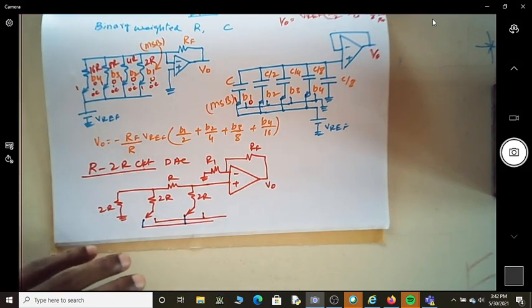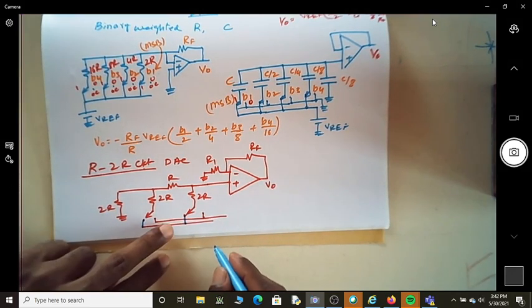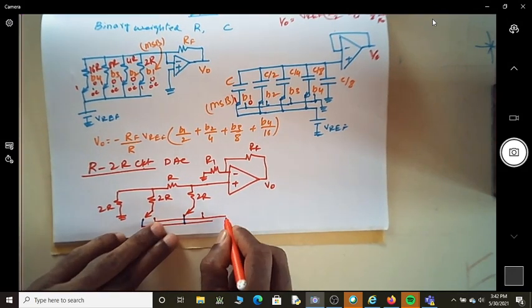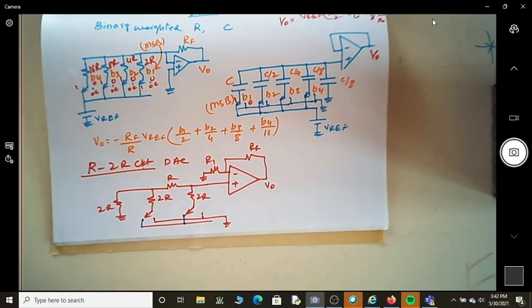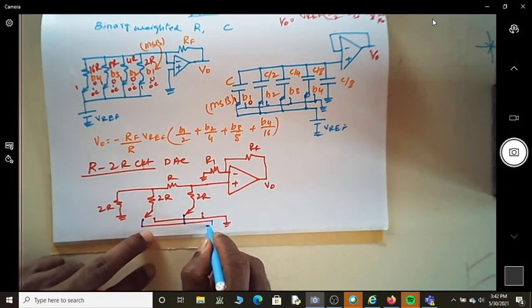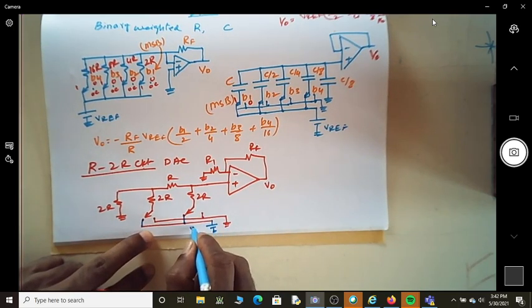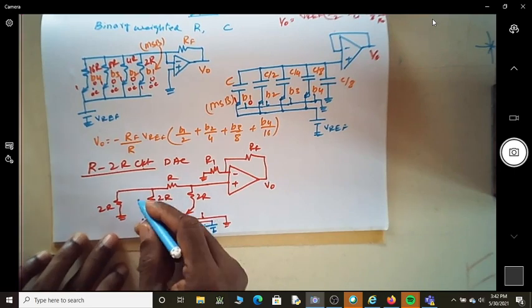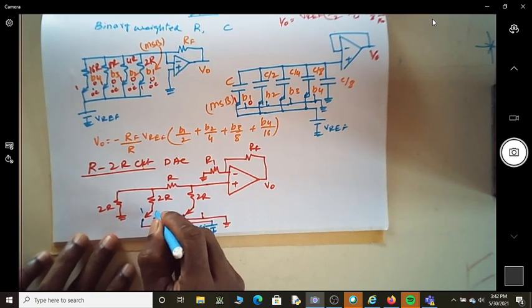Let me connect this to ground. Let me ground this. This is the reference. So here also this will be either 1 or 0.